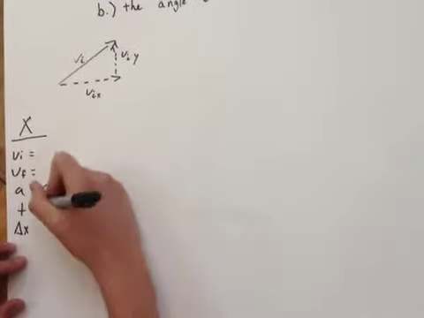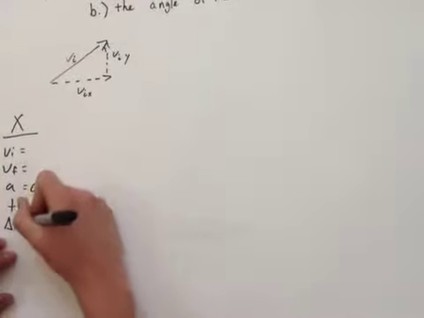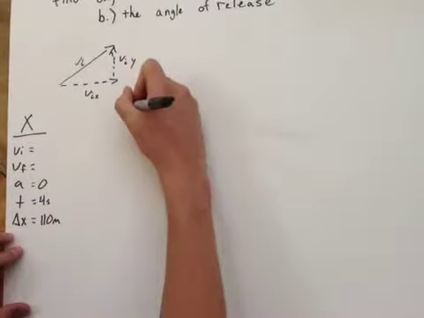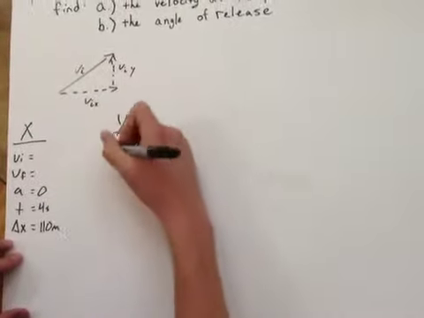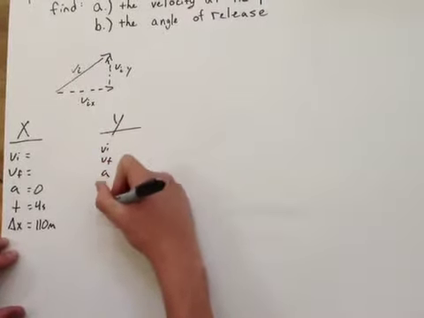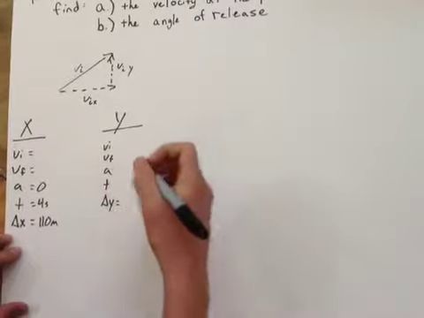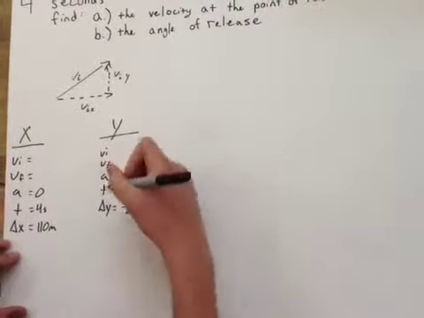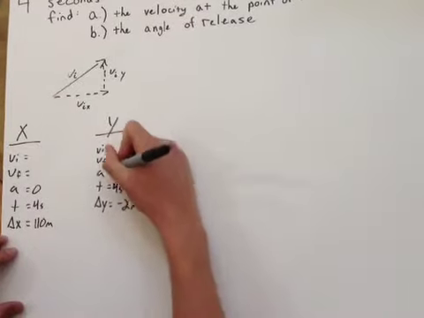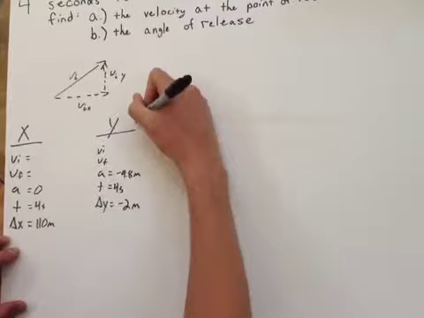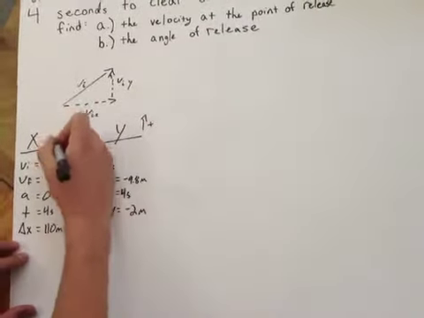Acceleration is 0, time is 4 seconds, and delta x is 110 meters. For y, we have Vi, Vf, a, t, delta y. Delta y is negative 2 meters, time is 4 seconds, and acceleration is negative 9.8 meters per second squared. Positive direction is up here and to the right here.